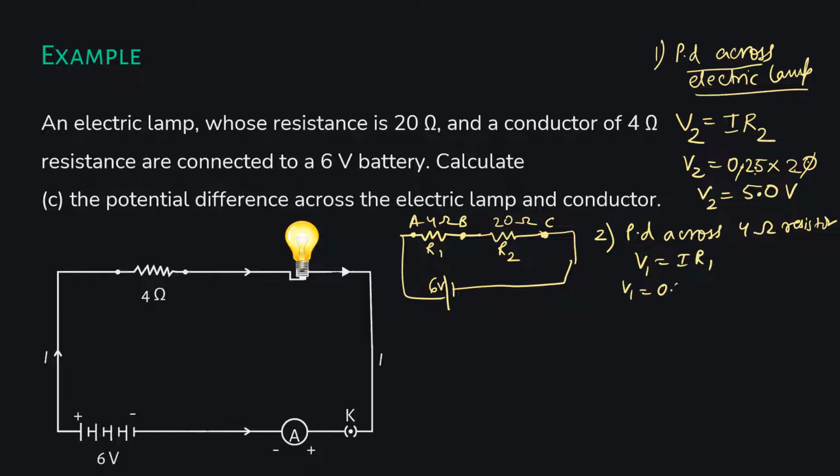So V1 is equal to I is 0.25 and R1 is nothing but 4, right? 25 4s are 100, and then we put a decimal after 2 points. So it is 1 volt. So what have you noticed? That V1 plus V2 is what? 1 volt plus 5 volt, which is 6 volt, which is what?